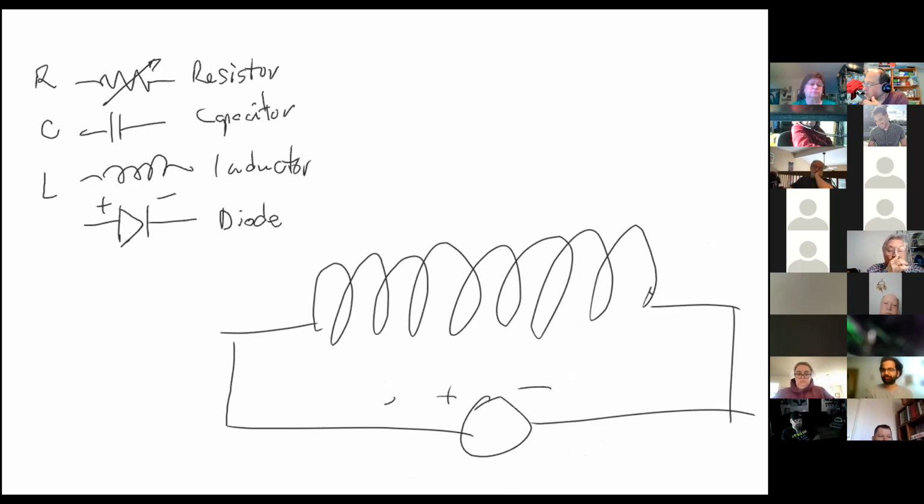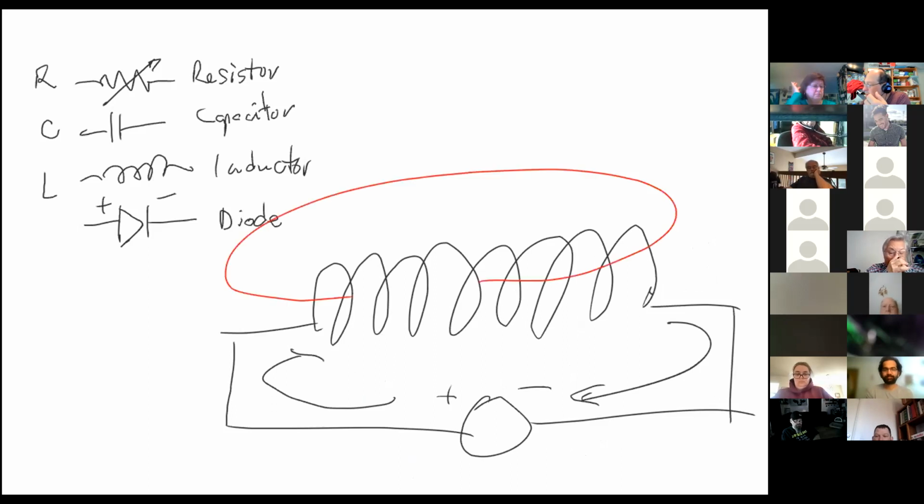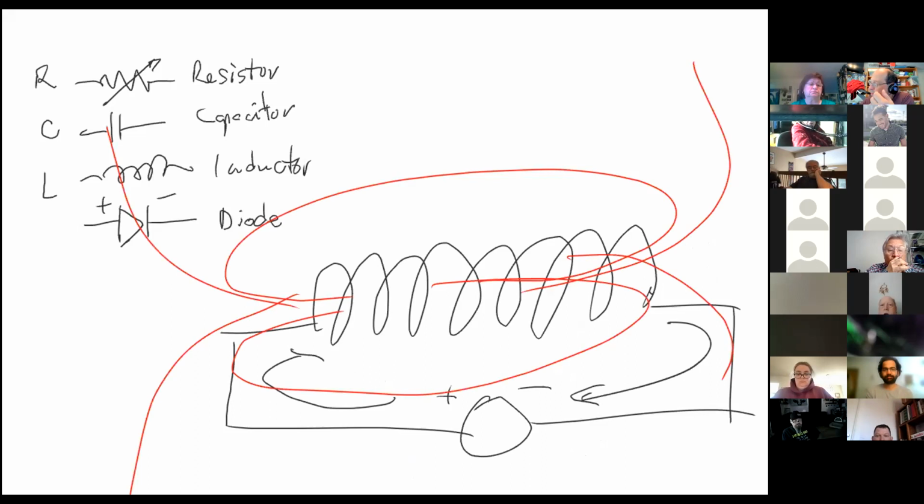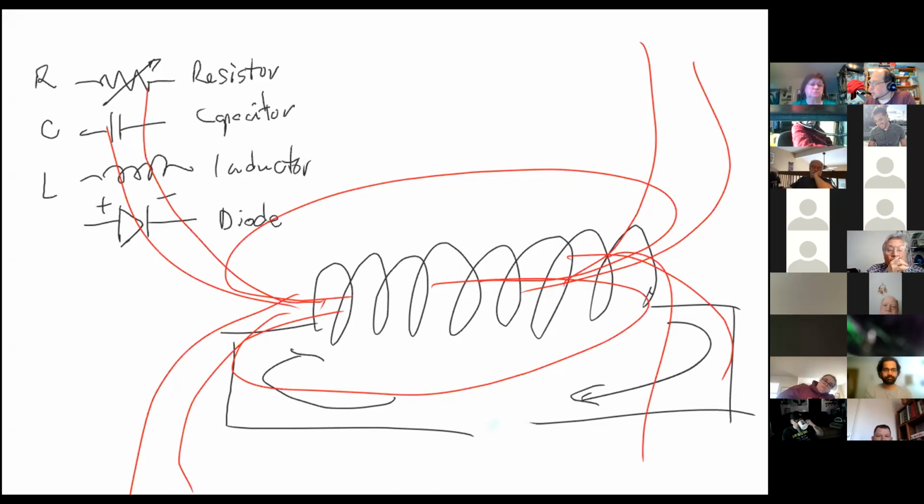We have our current flowing this way, and we have a magnetic field that basically looks like this. We have magnetic field lines going out into space, and you have all that energy being stored in a magnetic field. Now I'm going to do a horrible thing. I'm going to disconnect this battery completely.